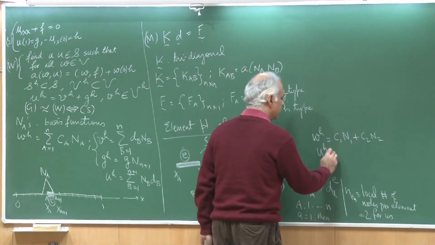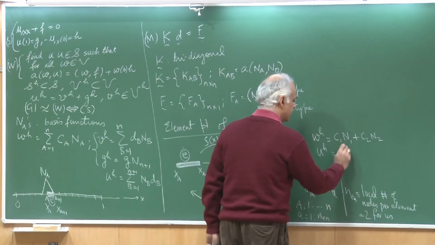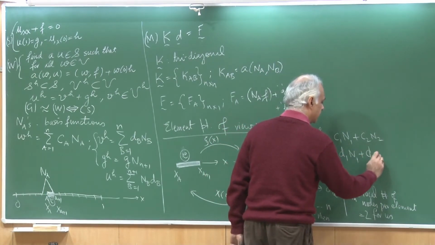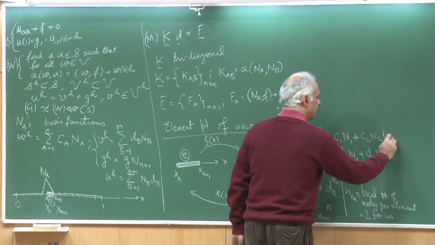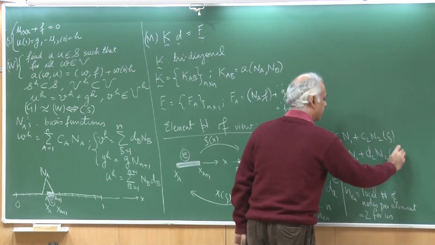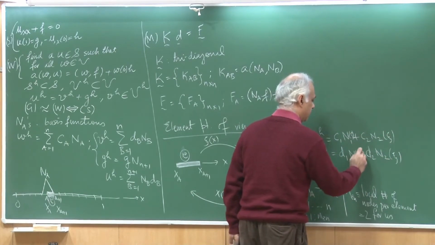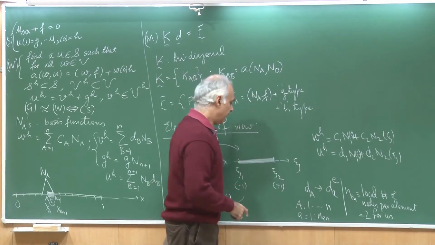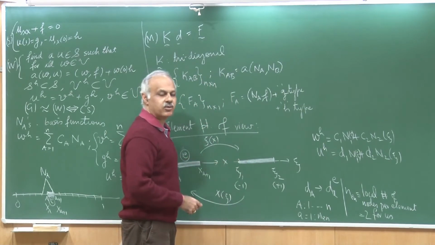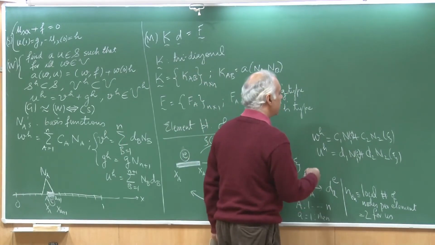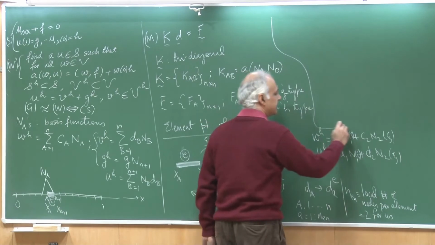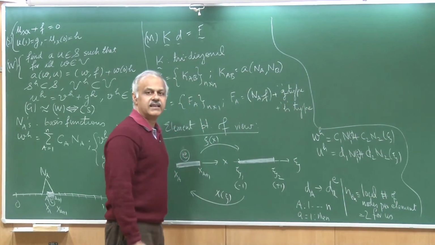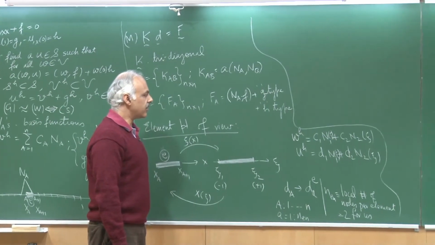Similarly, UH was given as D1 N1 plus D2 N2, and these are actually functions of xi. So, we were able to do these interpolations at the element level in the xi coordinates, and then we were able to come up with some recipes of how to do the integration. So, that is where we were in the last session, and let us take on from there.